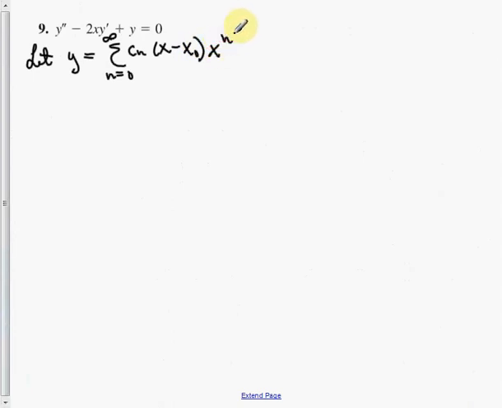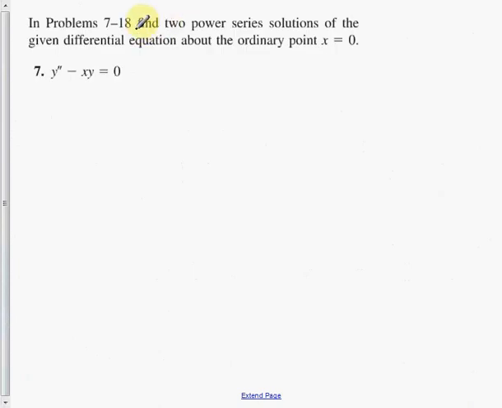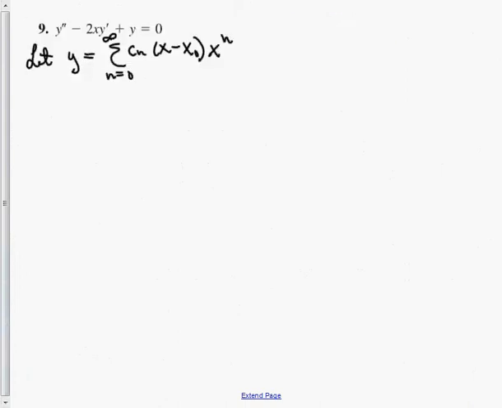Now we're trying to examine this about an ordinary point. Well, let's back up. It says for problem 7 to 18, find 2 power series solutions of the given differential equation about the ordinary point x equal to 0. Right. So what does that mean? Let's come back to the problem that we're working.